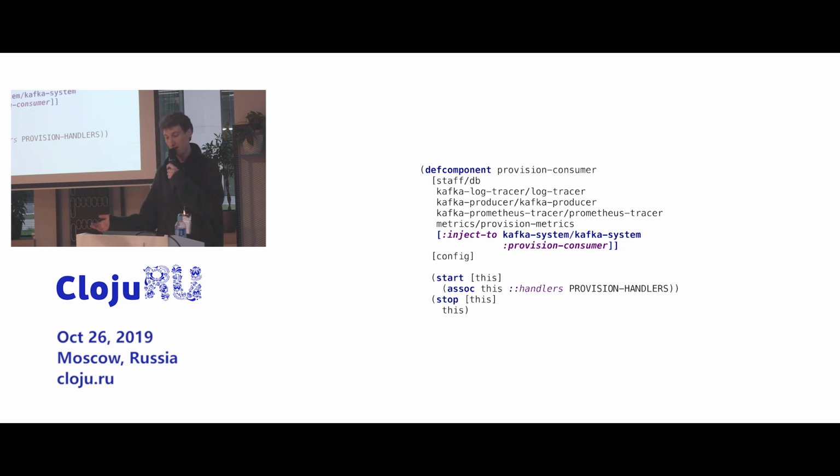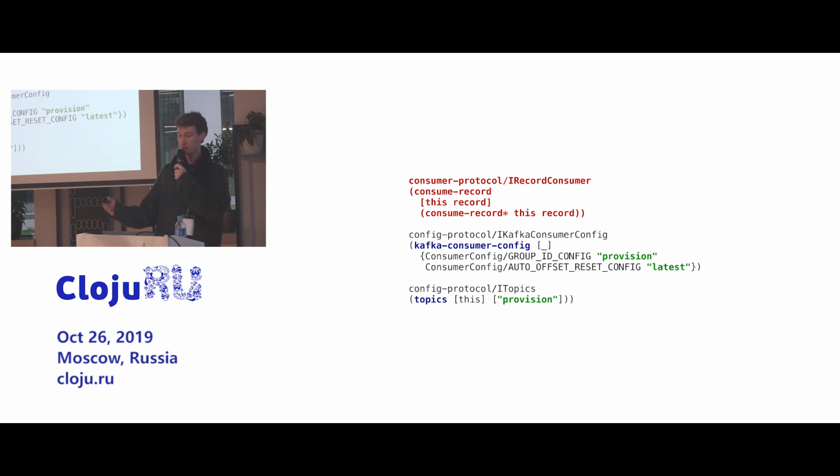We have some functions, and it can also be extended and use different protocols. This is the same definition of component. As you can see, in red we implement the protocol IRecordConsumer, and we use a function consume-record, where we put our component as this, and the record, and it can do stuff.